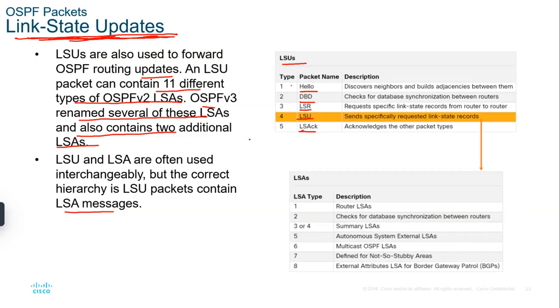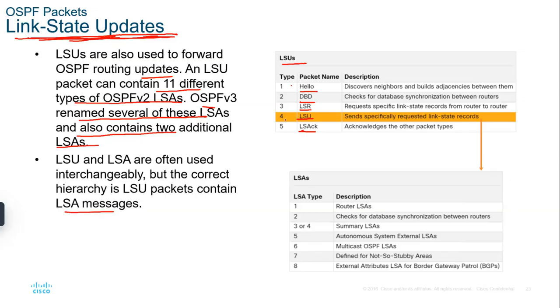With link state updates, there are 5 different types of OSPF packets.